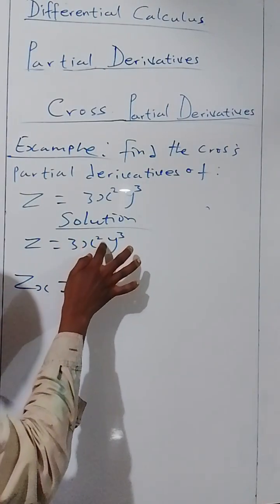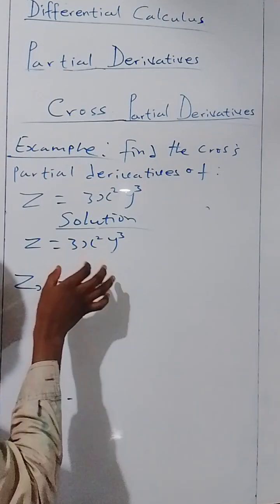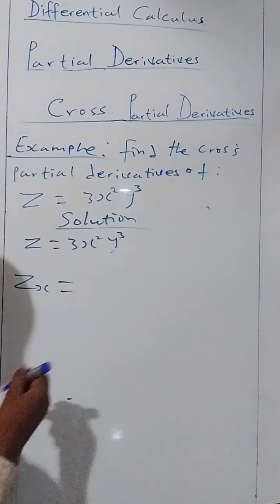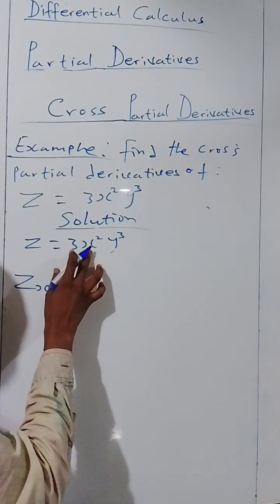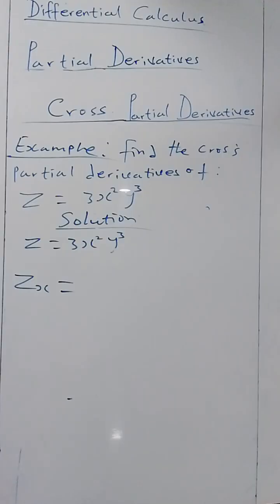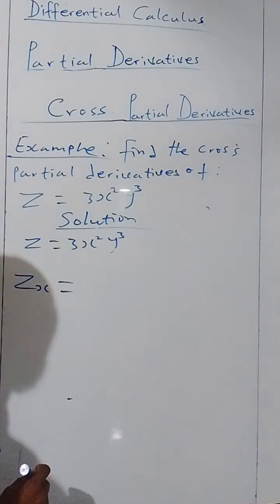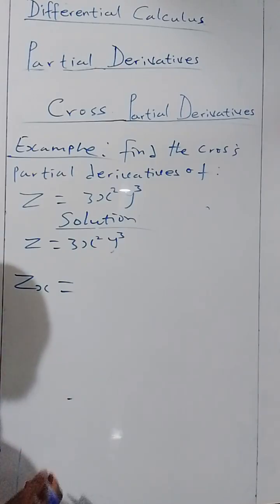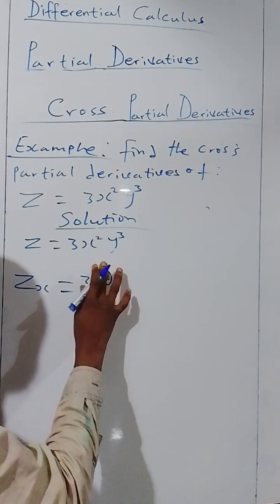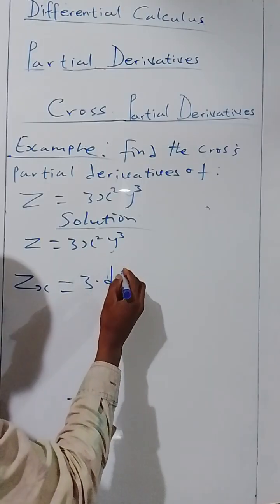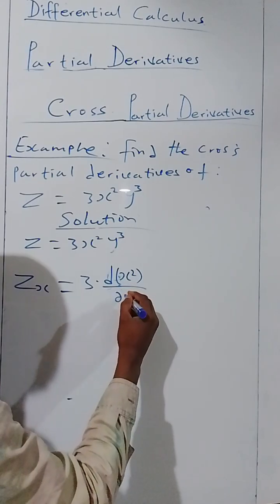We only focus on the relevant variable x, while we hold the other elements of this term constant. In other words, we are going to differentiate only x squared here. Let me show it: 3 multiplied by the derivative of x squared with respect to x.